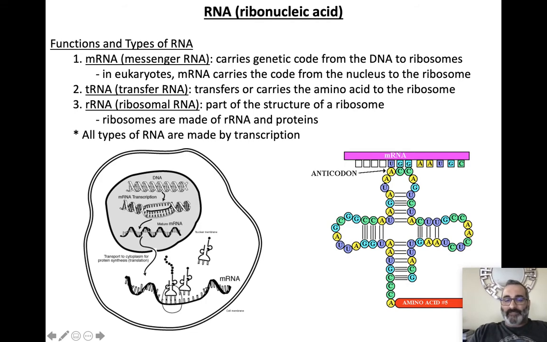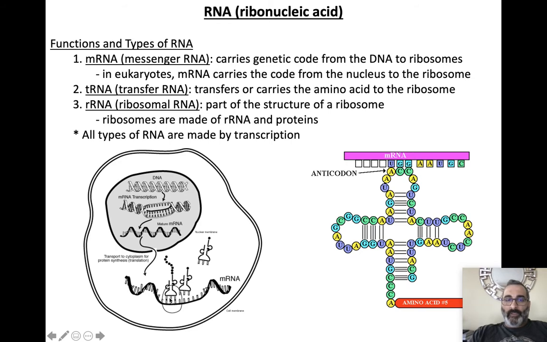It is a small code compared to the DNA, and it is a copy of a gene for the most part. All right, so messenger RNA takes the genetic code from the nucleus to the ribosome. That's the job of messenger RNA. And it is a small copy of the DNA, usually a copy of the gene that makes its way to the actual ribosome in order to produce a protein.